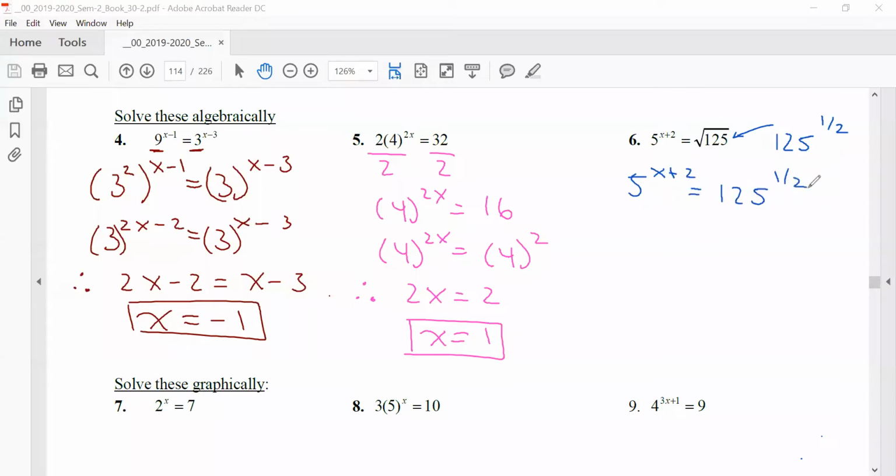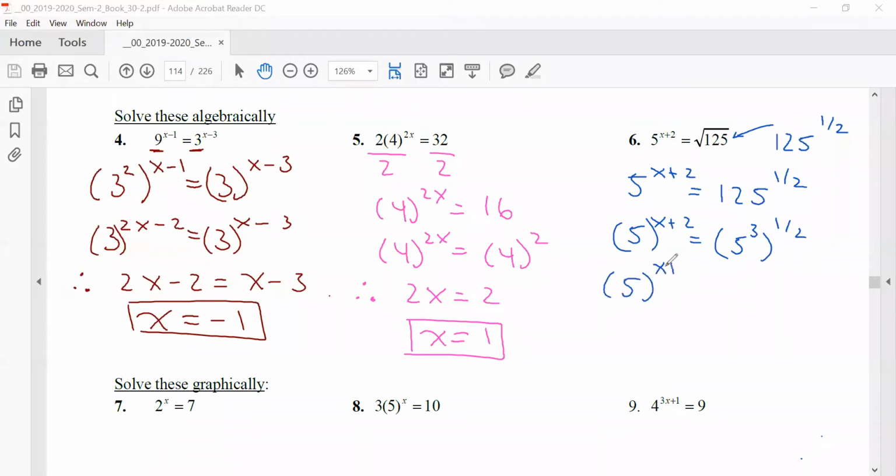Boom. Now that I've gotten rid of that radical, I'm going to say to myself, let's turn 125 into a base 5. Now again, if you don't know what that is, 5 to the power of what? You pick up your calculator and you try it until you get there. I know it's 5 cubed because I've been doing this forever, right?